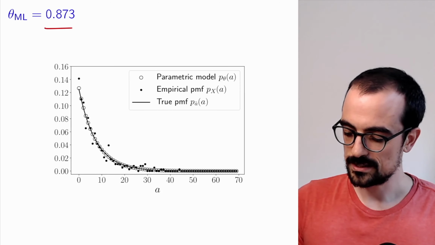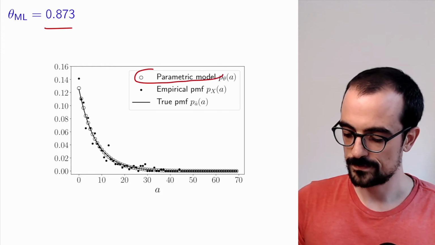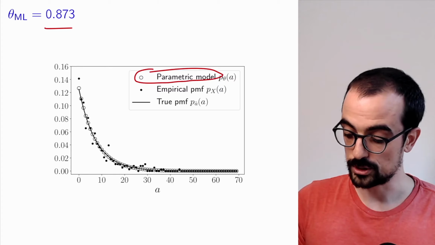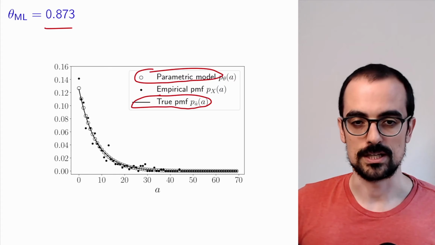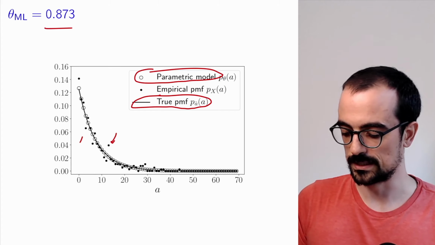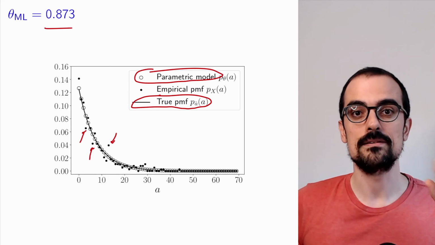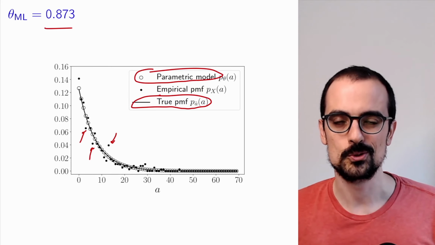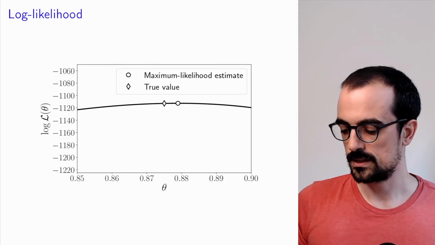Here you can see the model estimated by the parametric model, the circles, compared to the true model. It's extremely close. You can also see the empirical PMF here, which tells you what the data actually look like. So with that number of free throws, if the parametric model were true, we would get an extremely good estimate of theta.